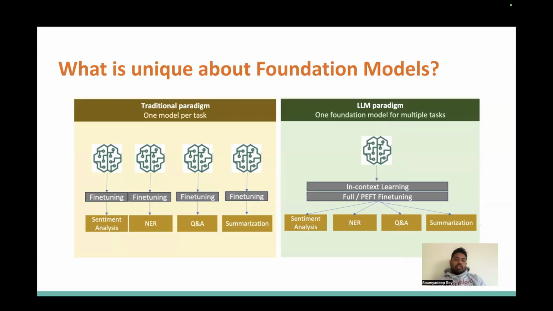So this was the first big paradigm shift, where we have one foundational model which is not trained on a specific task, but is trained to follow instructions. It is pre-trained on a huge corpus of data, usually with one objective being to predict the next word, which we will go into in detail, and secondly, some feedback from humans.